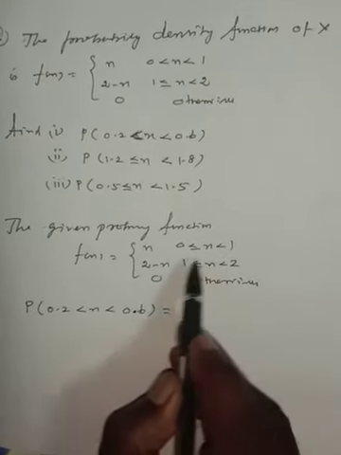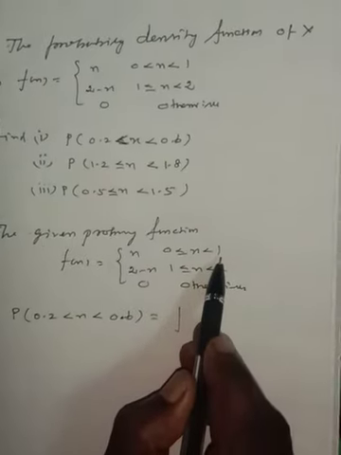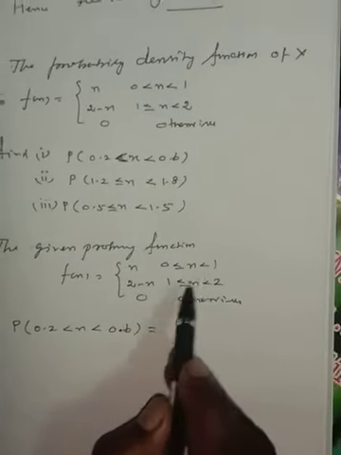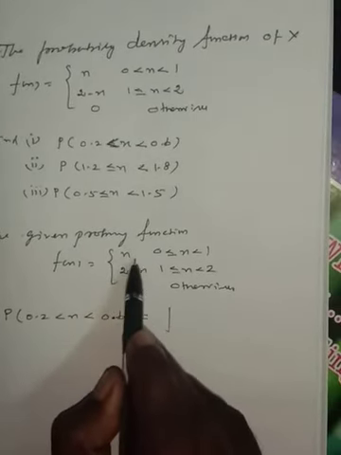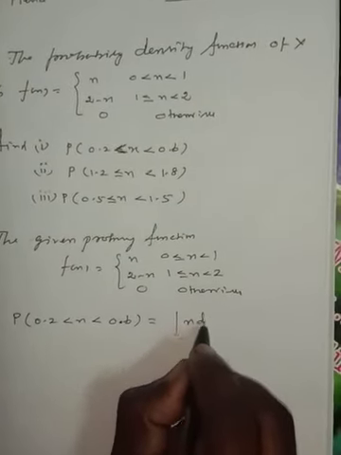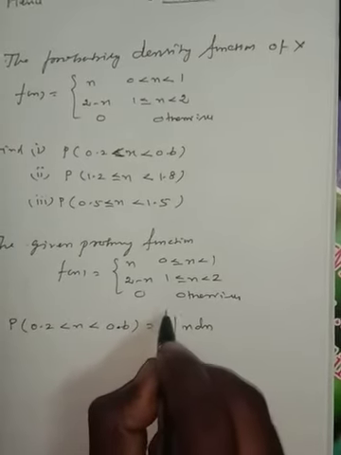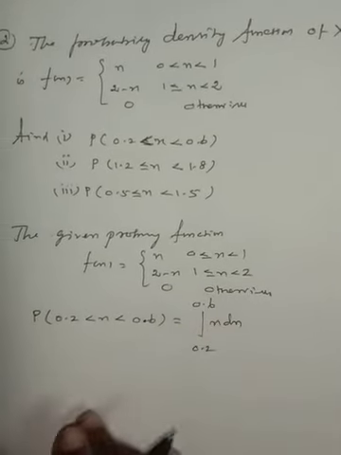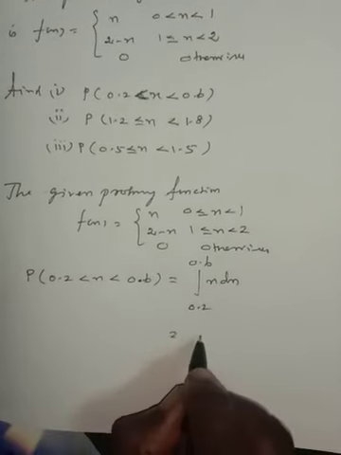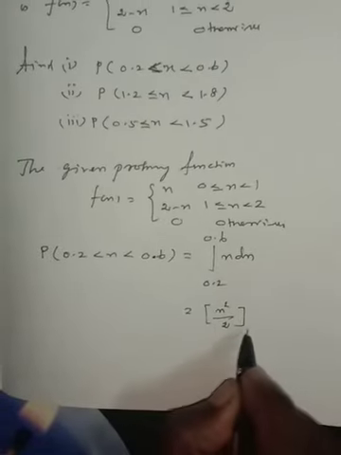In this interval, 0 less than or equal to x less than 1, therefore we have to take f of x as x. So, x dx, the limit varying from 0.2 to 0.6. We know that the integral of x dx is x squared divided by 2, taken over the limit 0.2 to 0.6.